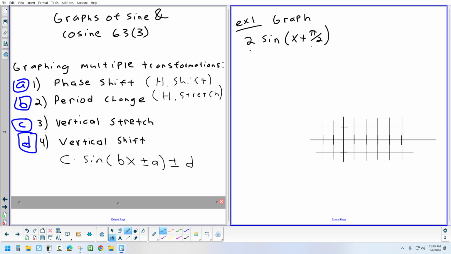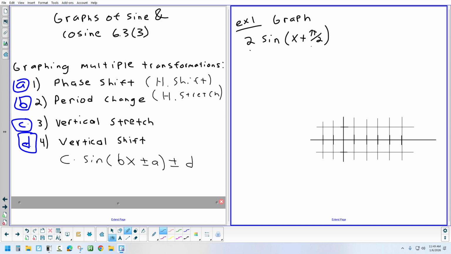One of them is going to do something up and down. So technically the order doesn't matter because they are on separate axes. They don't interfere. When the order really starts to matter is if you do two transformations on the same axis, like a vertical stretch and a vertical shift at the same time. But again, just stick with that order.